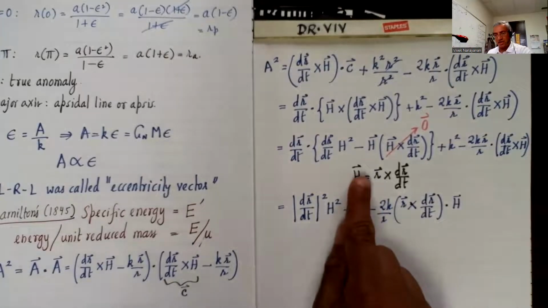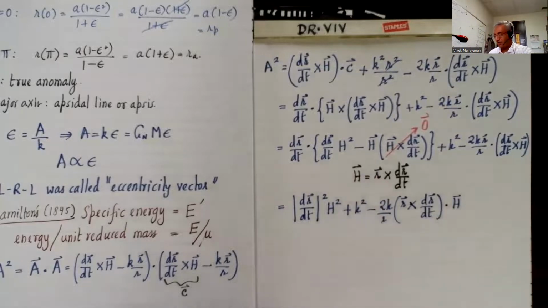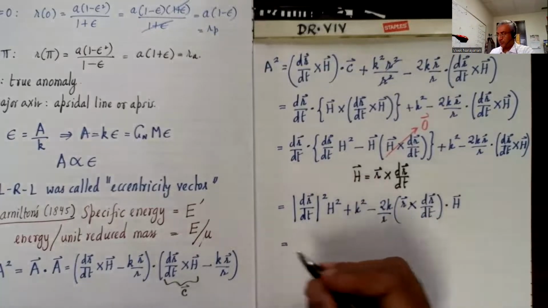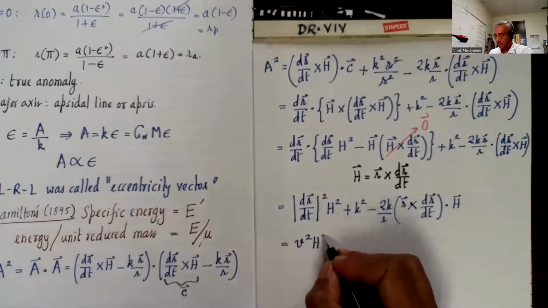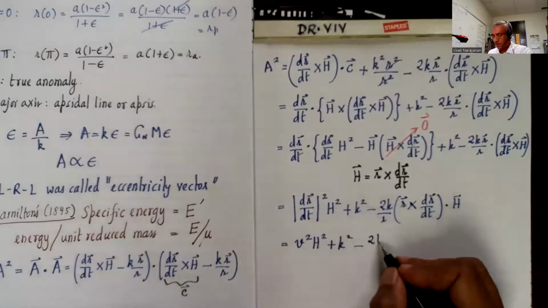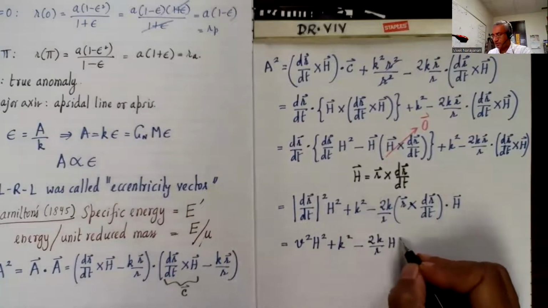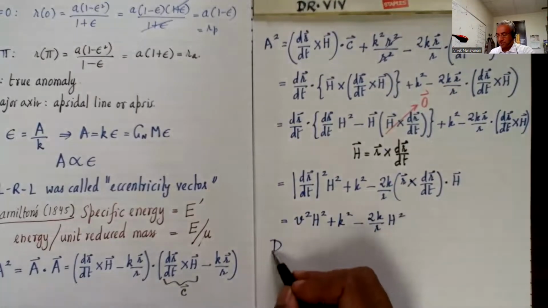Very convenient. I've written the h right up there, so I'm going to get an h dot h, which is h squared. So this is just the square of the velocity, so it's v squared h squared plus k squared minus 2k over r h squared. Now we'll differentiate both sides with respect to time.